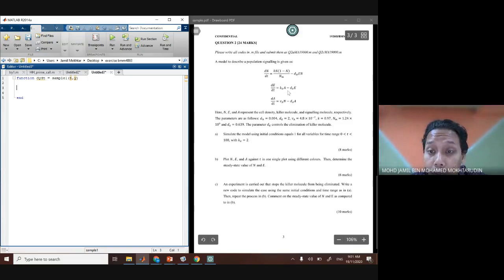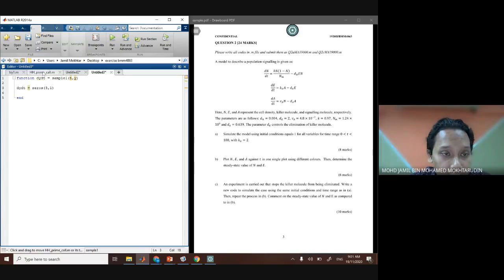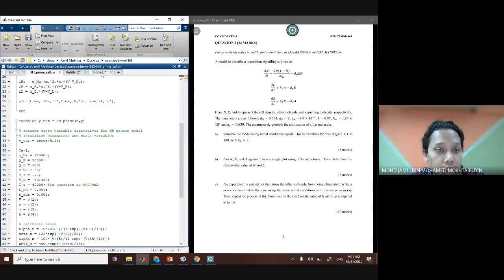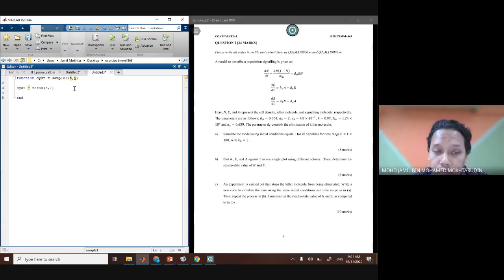So here you have 3 ODEs. So dy dt equals zeros 3, 1. Betul tak? So yang ni kita tulis, tapi tulis je ni sebagai precaution ni.